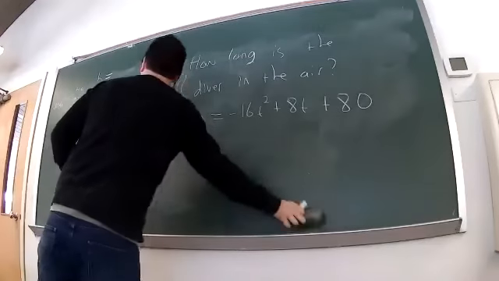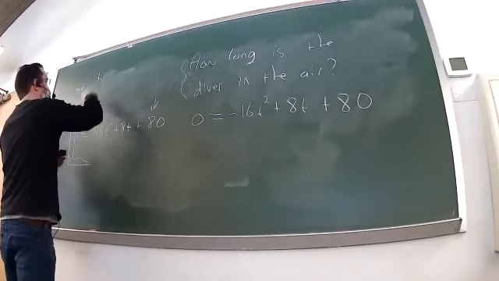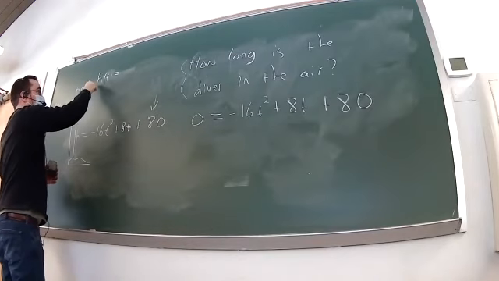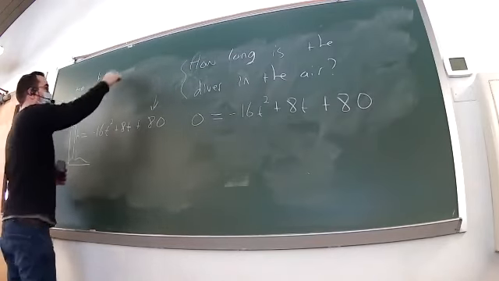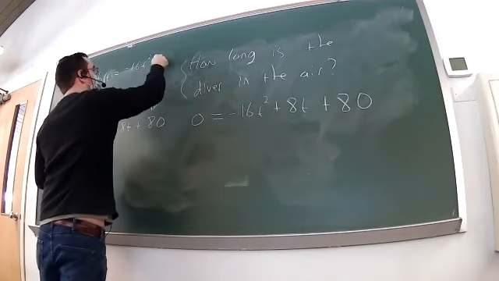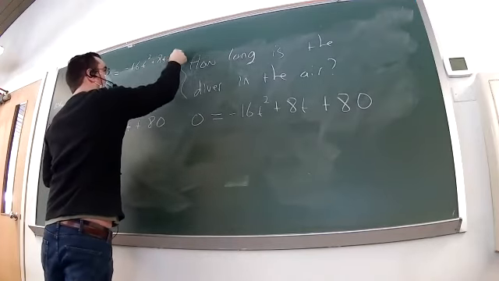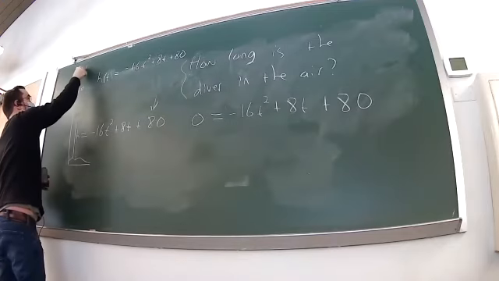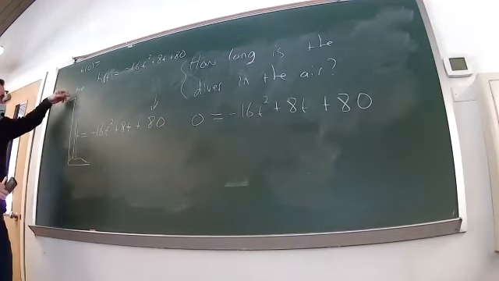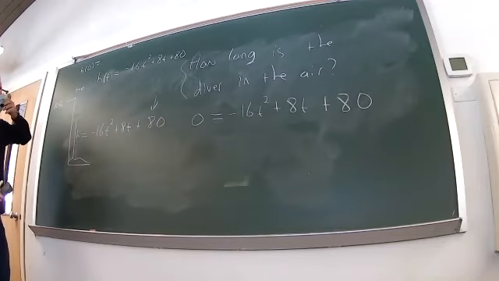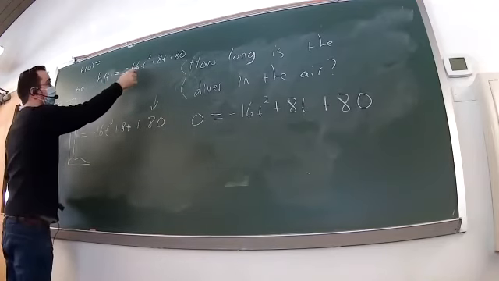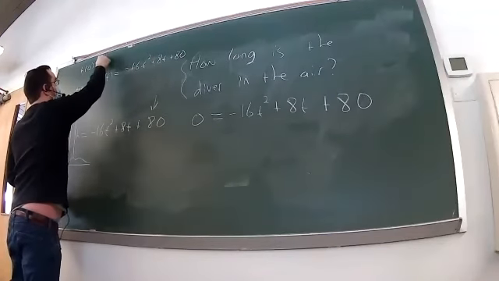Just to go through that one more time. You should think of height as a function of time. So height as a function of time is equal to minus 16 t squared plus 8t plus 80. So when time is equal to 0, so as you're jumping, but you're still up here, 0 seconds have elapsed, then you'll get 0 plus 0 plus 80.